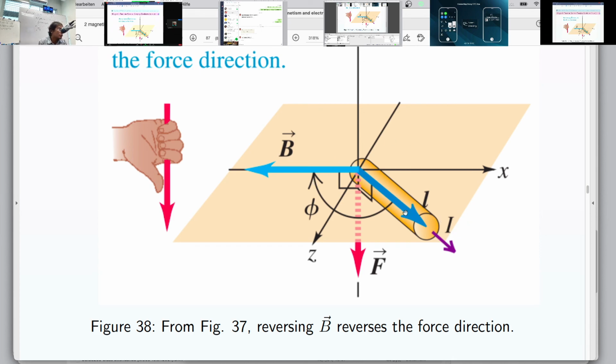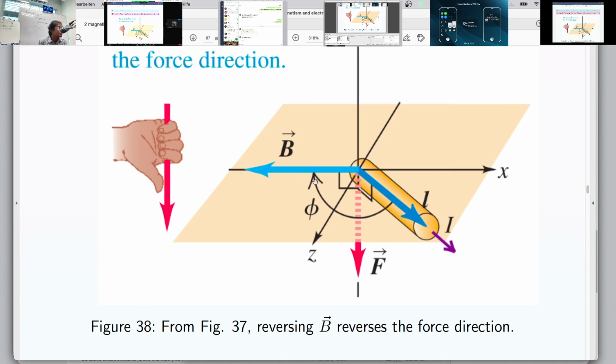You are not allowed to rotate your 4 fingers in this way to vector B, because in this way you have the angle greater than 180. We won't do that. We will do the rotation only in the way that we have angle of rotation less than 180 degrees.